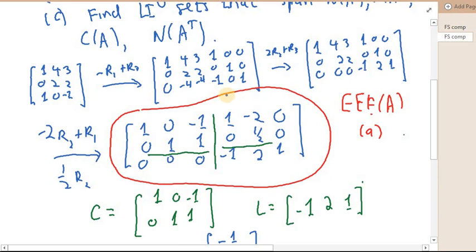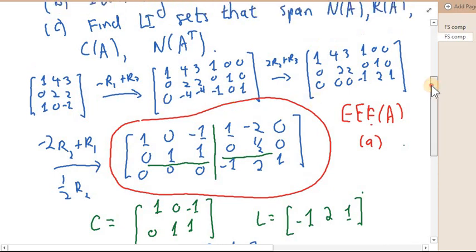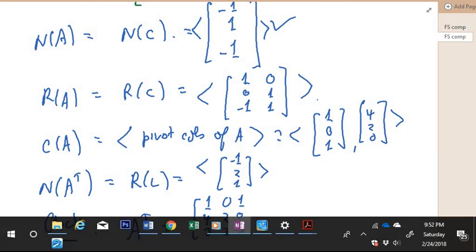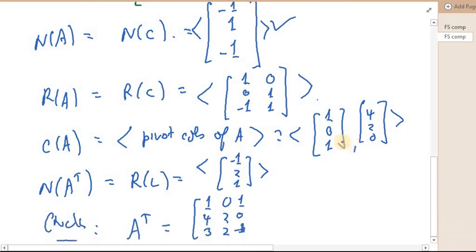I'm pretty sure that's a minus 1. So the last column here is 1, 0, minus 1. And let's cross our fingers and make sure that this works here.